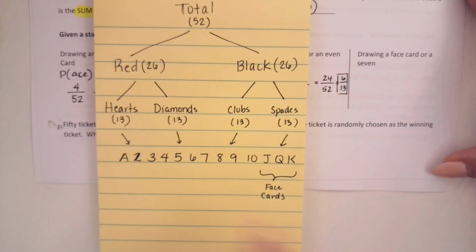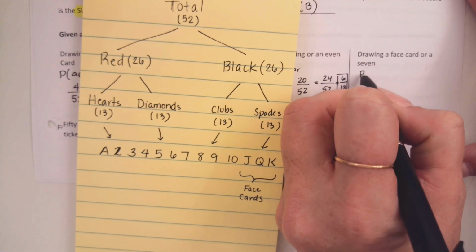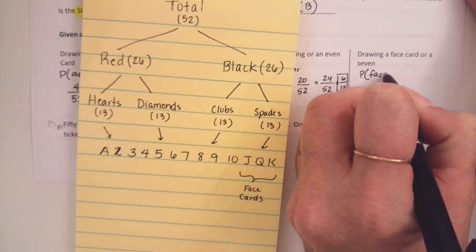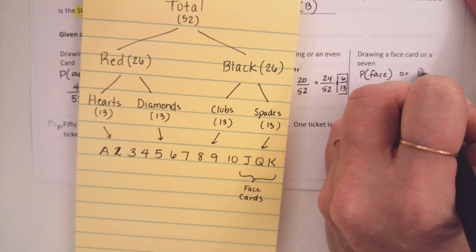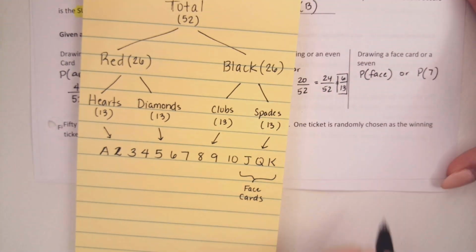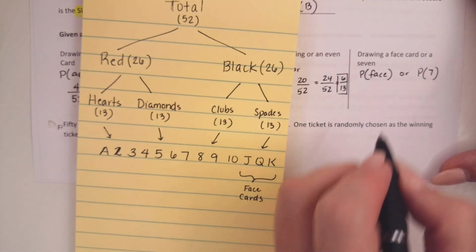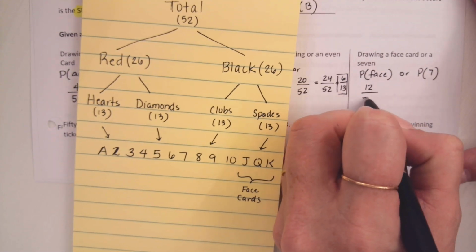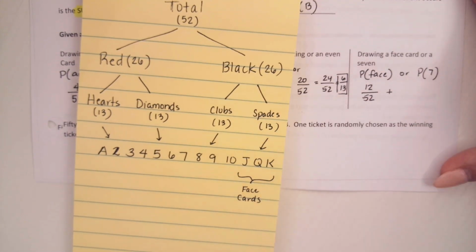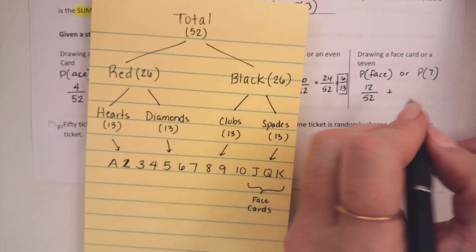All right, adjust. Okay, next one says drawing a face card or a 7. It's just like the first one, but instead of it. There's 12 face cards out of 52. Plus, or how many 7s are there? There's 4 7s. Yep.